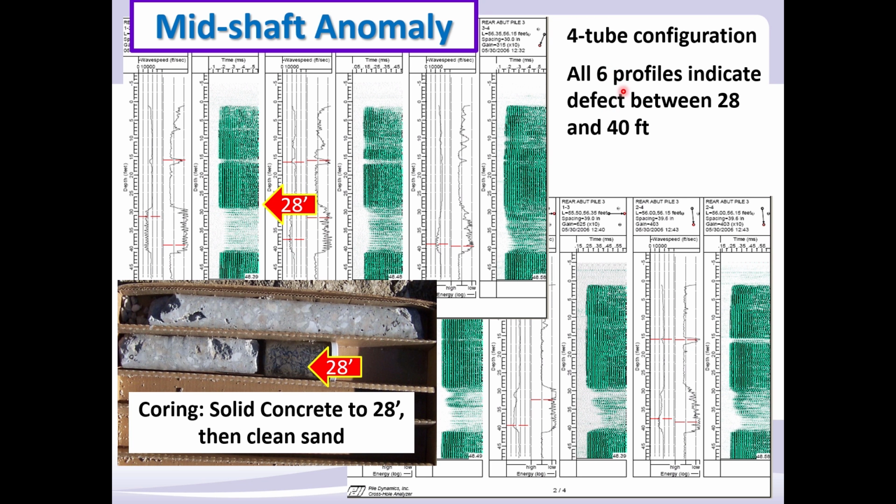All 6 profiles indicated that same defect. And if you look closely, anything that had a tube 2, so 1, 2, 2, 3, and 2, 4, all had some type of a minor defect located at about the 15-foot location below the pile top.